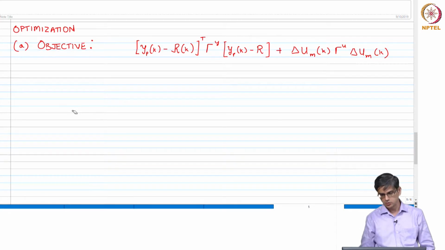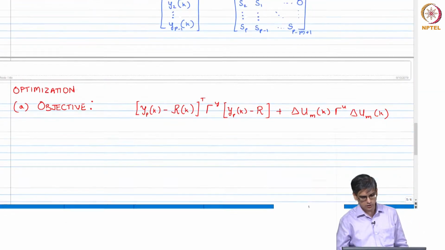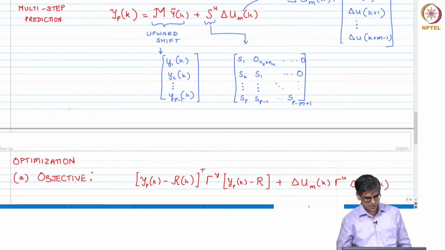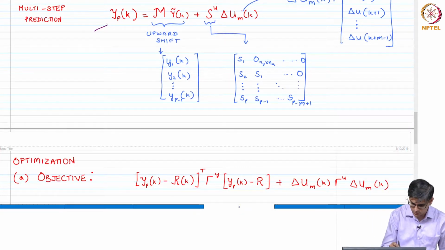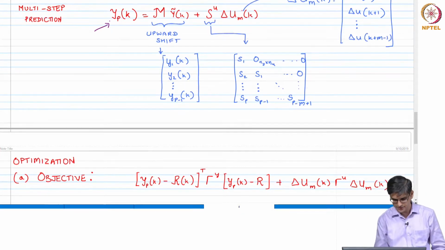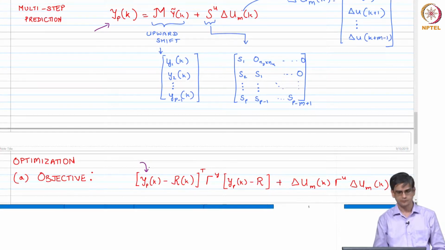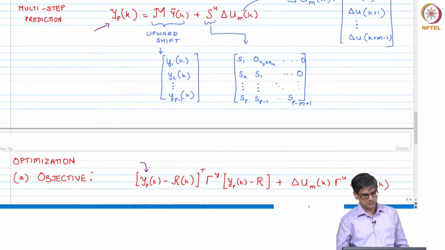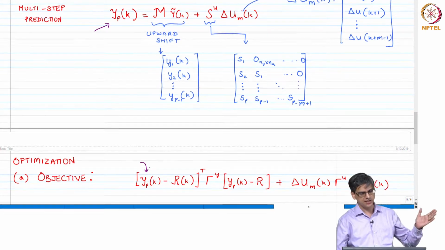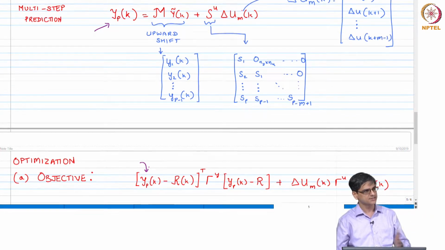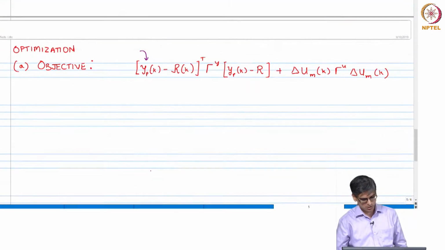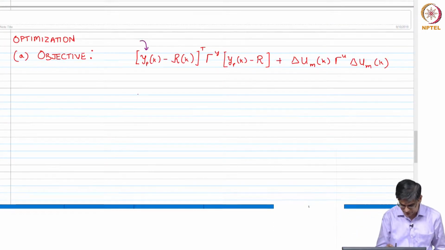Okay. So, what we will do in order to put it in standard form is we will take this equation and substitute it over here. Okay. So, when we substitute, our yp is nothing but m y tilde plus s multiplied by delta u. This is what we are going to get.